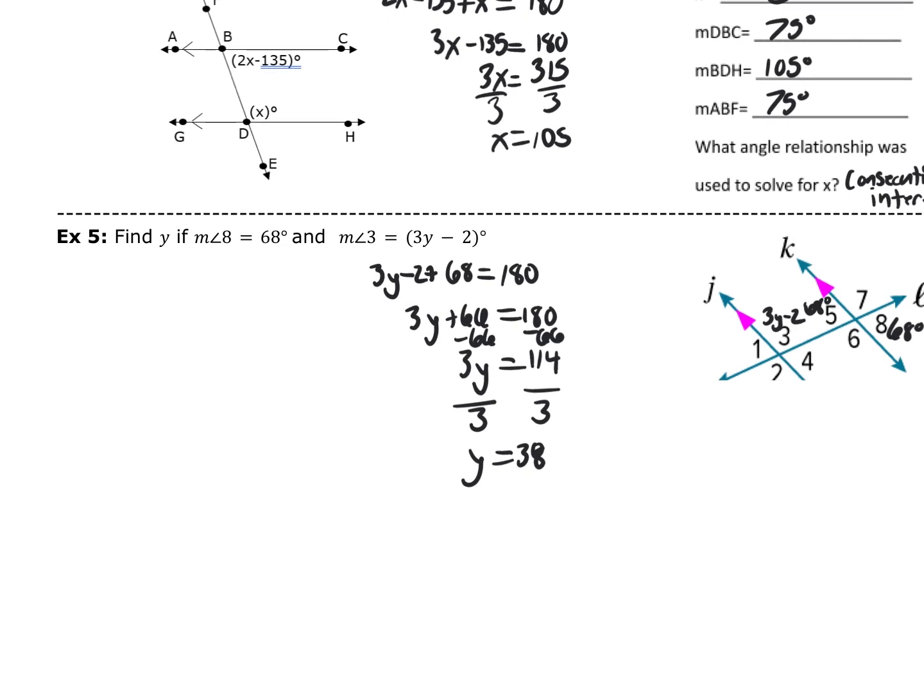And that's all we had to do is figure out y. I know that 180 minus 68 means that 3y minus 2 equals 112. I could have just done 3y minus 2 equals 112, but we'd end up in the same spot. So this works just as well.